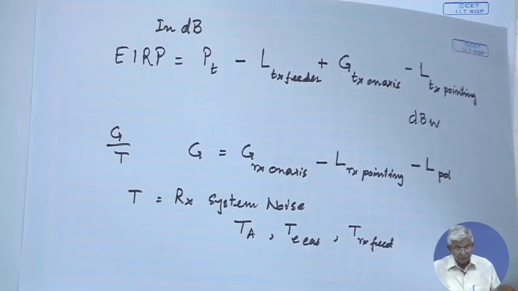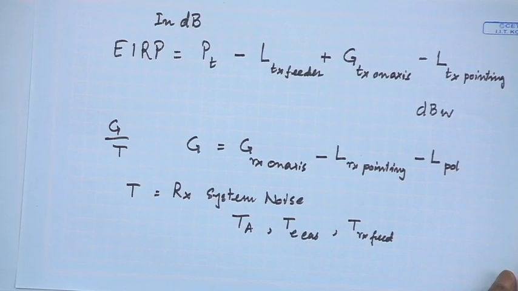So, now we know that the link quality, which is the signal to noise ratio, in other cases we say carrier to noise ratio or carrier to noise density ratio, is now listed. Now, in the satellite we have two links: uplink, which is earth to space, and downlink, which is space to earth.